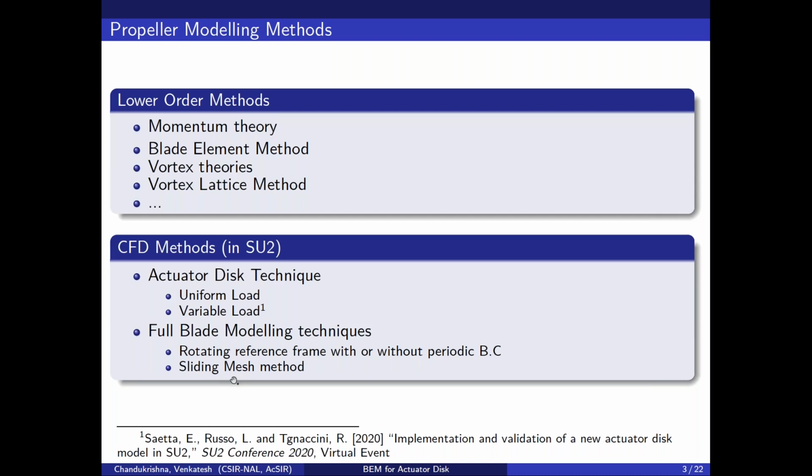In the full blade modeling technique, we have a rotating reference frame simulation technique with or without periodic boundary conditions, based on whether it is an axisymmetric case or something. And there is a sliding mesh method where we can model a full propeller in a rotating zone and other structures in a stationary zone, such that it resembles the actual flow field.